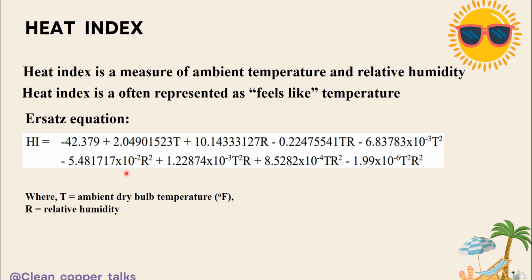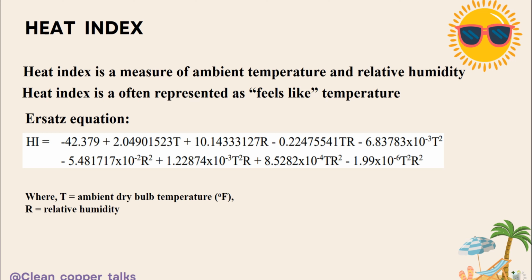Because it considers only two parameters, ambient temperature and relative humidity, while the factors which affect the heat index are much more. In coming slides we will see that there are many factors, and if you try to derive an equation for heat index considering all of them, it becomes really tough, and the equation will become much more complex than what is visible here. That's why this is a very simplified form of equation.